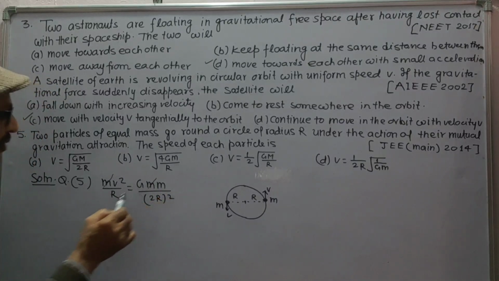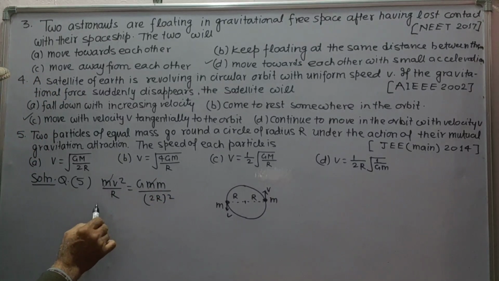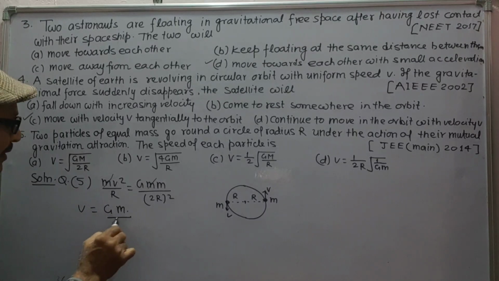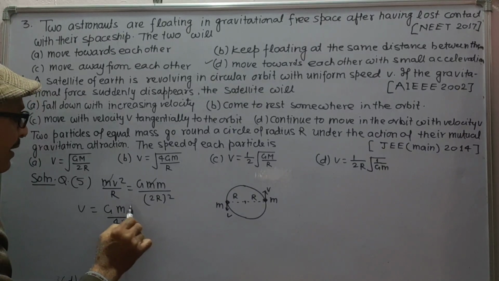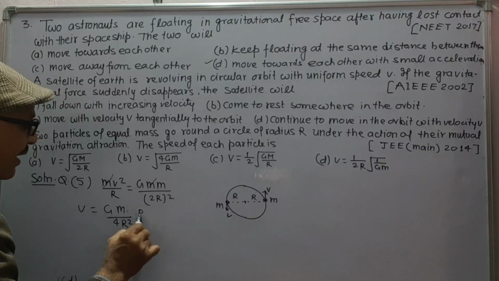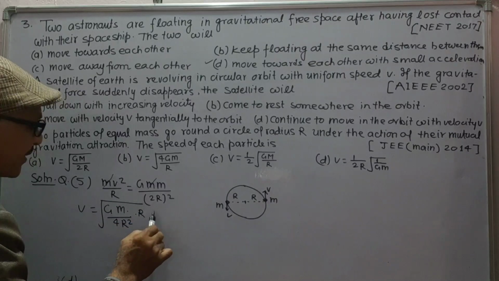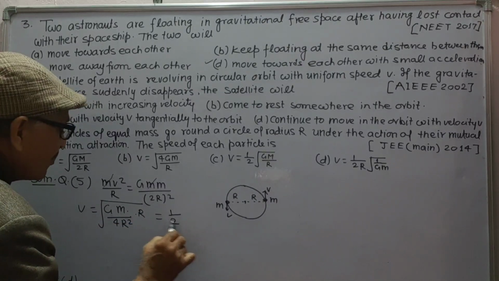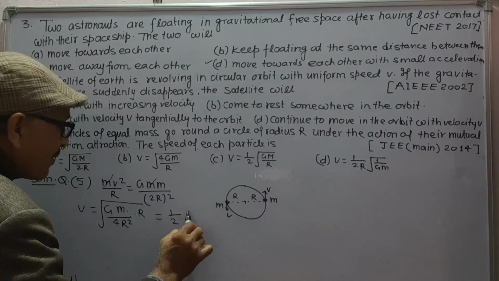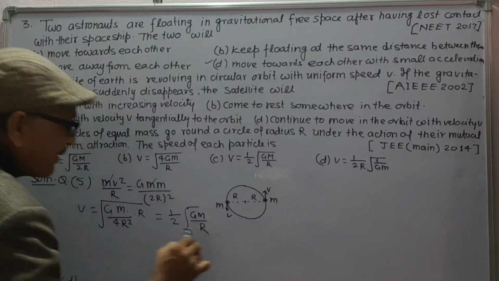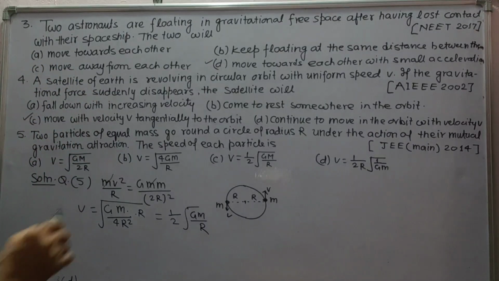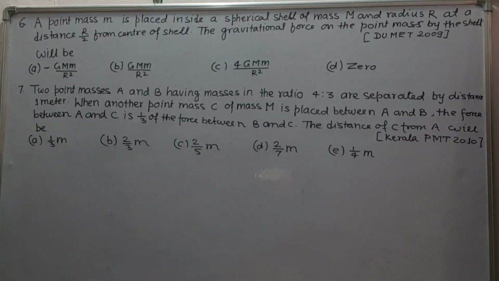So, one m cancels out and we get v square as G m upon 4 r square into r, under root. So, it becomes 1 upon 2 under root G m upon r. So, the correct option will be C, 1 upon 2 under root G m upon r. Next question number 6.